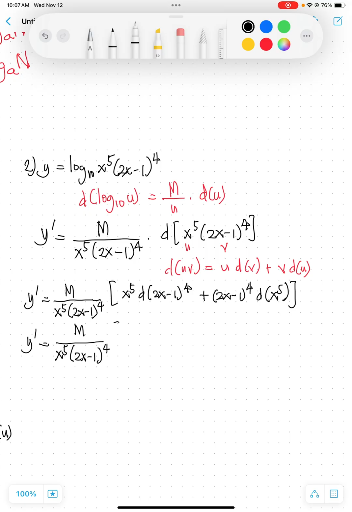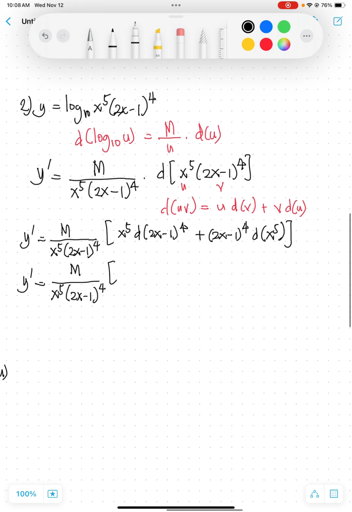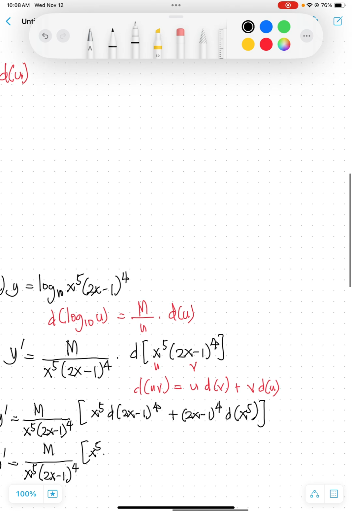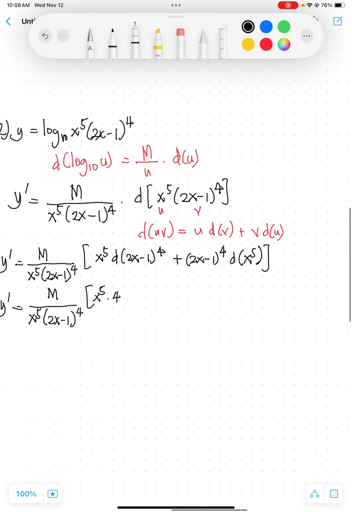So times, we have x raised to 5. So using the power rule, the derivative of 2x minus 1 raised to 4 is 4 times 2x minus 1, and then 4 minus 1 is 3, and then times the derivative of 2x minus 1, which is 2, plus 2x minus 1 raised to 4, and then by power rule the derivative of x raised to 5 is 5x raised to 4.